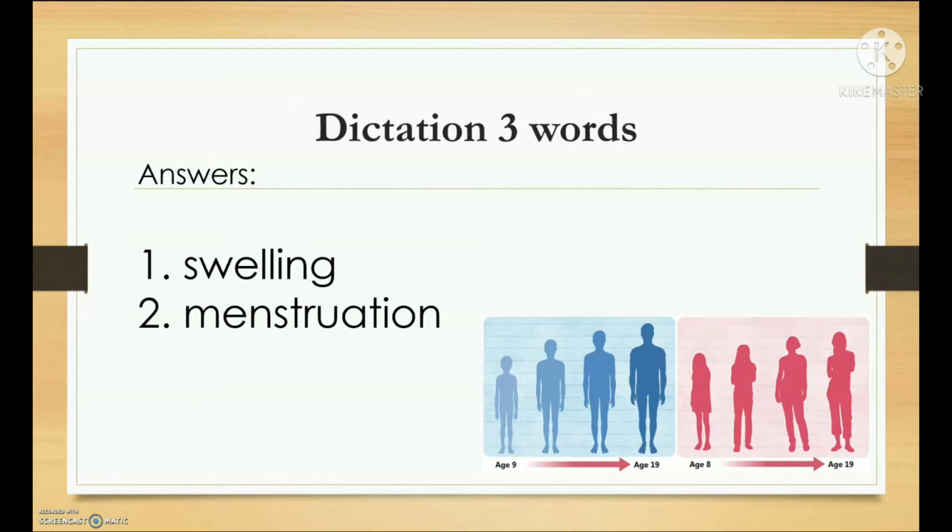M E N S T R U A T I O N. Menstruation. And number 3, puberty. P U B E R T Y. Puberty. Very good.